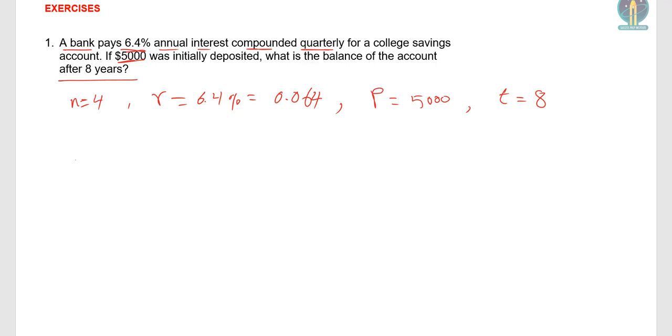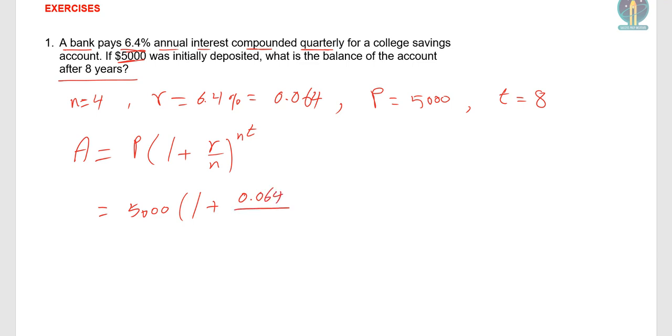Okay. So again, I start by writing my formula for compound interest. A equals P times 1 plus r over n to the nt power, which equals, so P is 5,000. Just straight up plugging in: 1 plus r, which is 0.064, over n, which is 4, and then to the 4t, with t being 8.